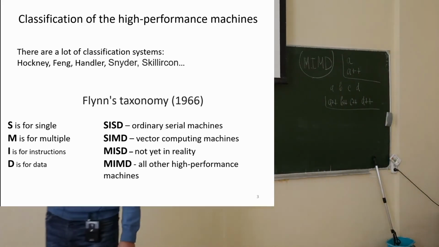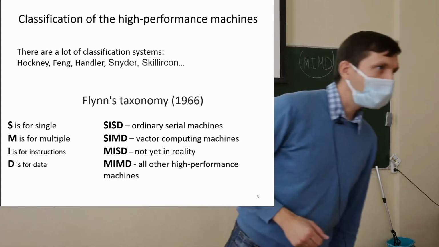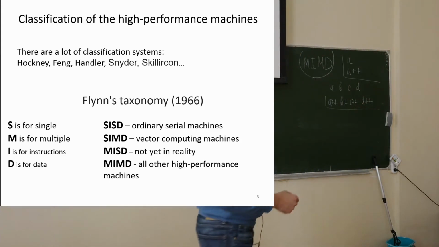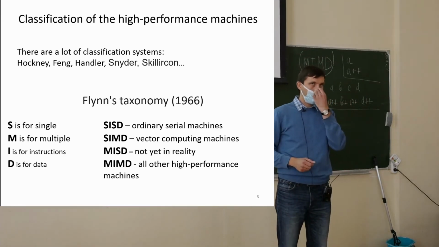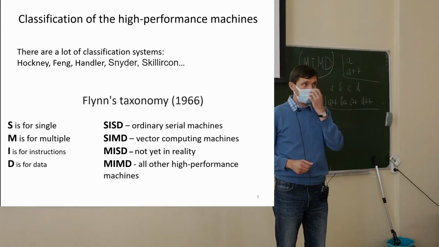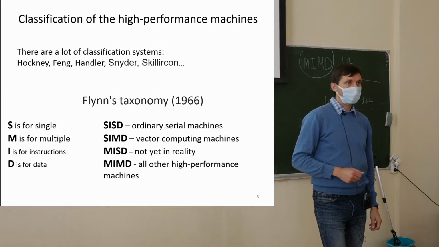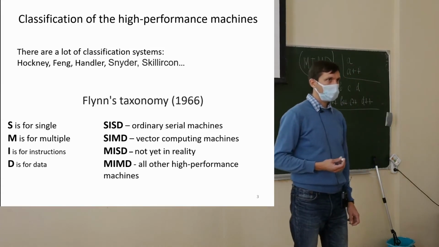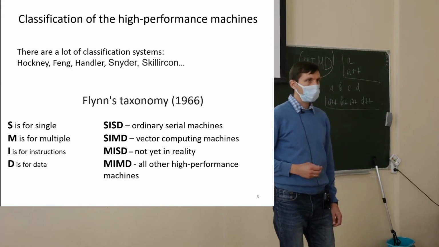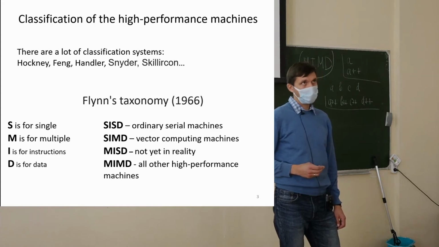Any questions? What is a parallel machine? How do you define it? Firstly, of course, this machine has to contain a lot of processors or a lot of cores. So any device which contains a lot of processors is called a parallel machine.